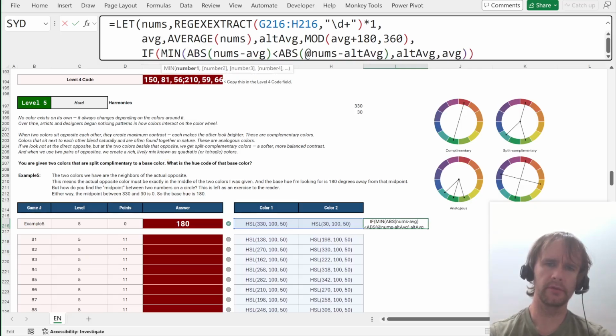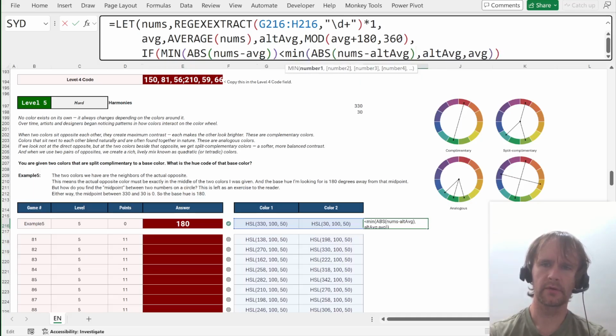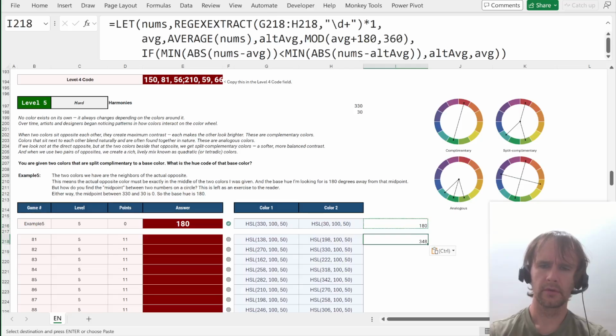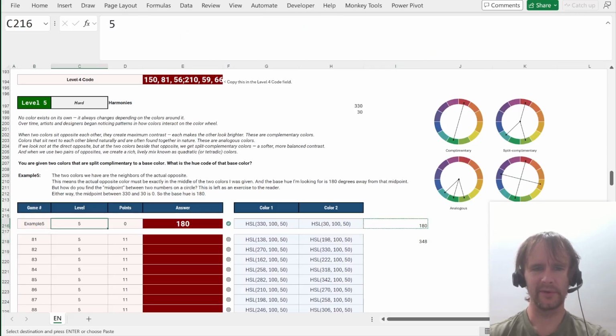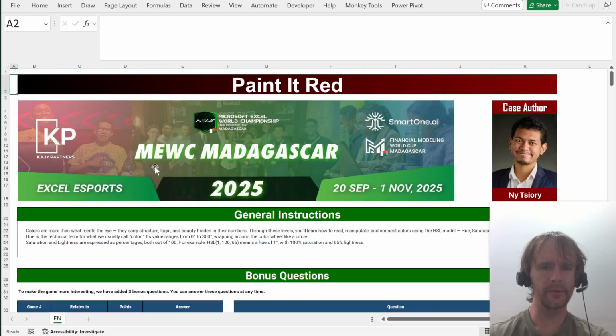Min of these minus min of these. Would that work? So let's just see, 348 is how far away from each of these. From 198, it's 150. That makes sense. You want it to be the one that's further away. So yes, I think that's good. I don't feel hugely confident, but I would probably put in my answers and go on. So, that's it. All right.